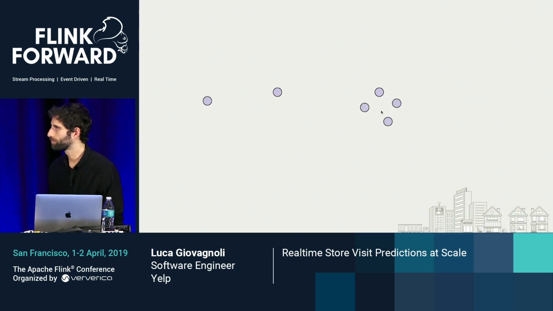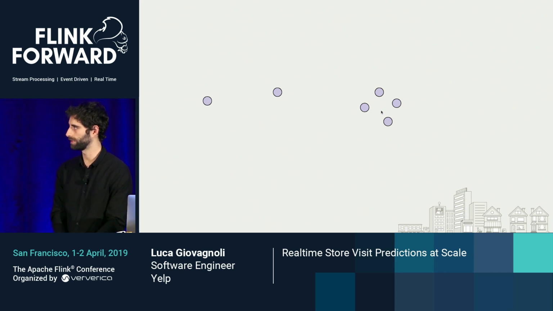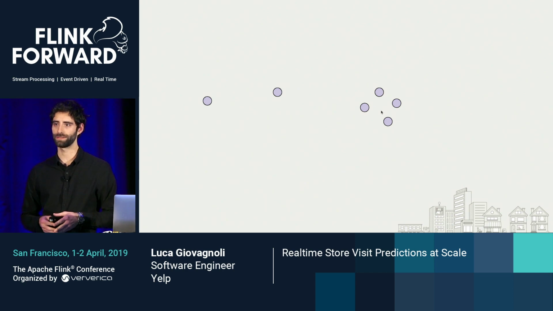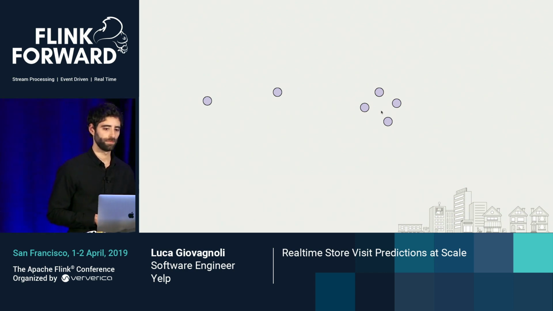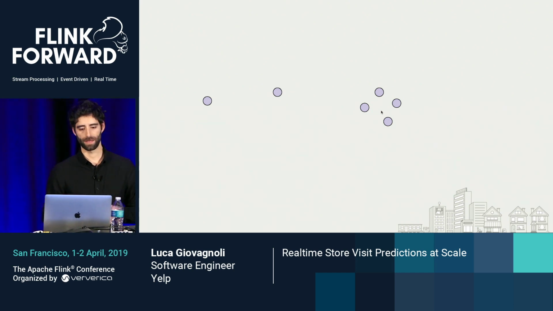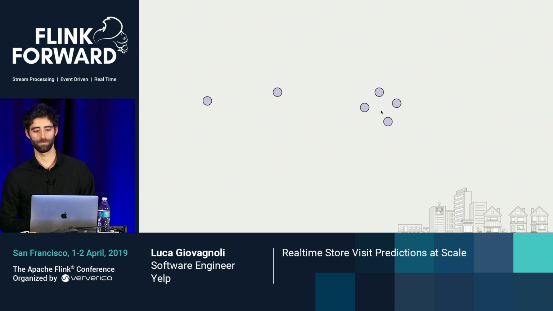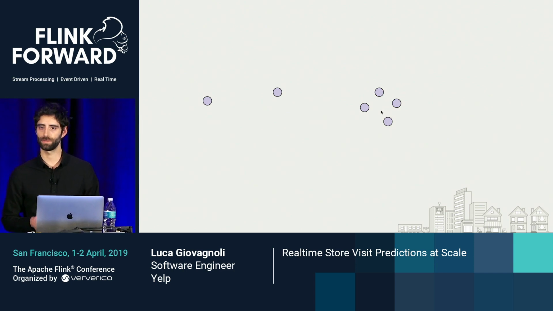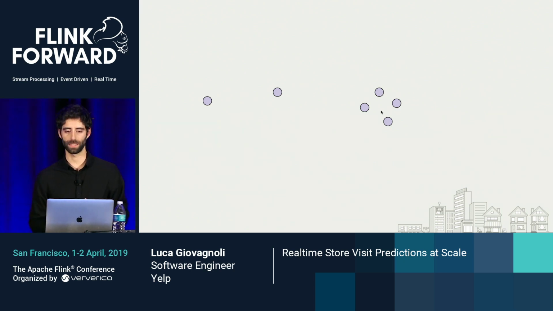In order to understand the problem, let's have a look at the input data. The one you see here is what we call raw pings, raw locations. We sample this location data from Yelp mobile devices. This is instantaneous location, so it's very hard to do something with it unless we first understand if someone has stopped somewhere for a certain amount of time.